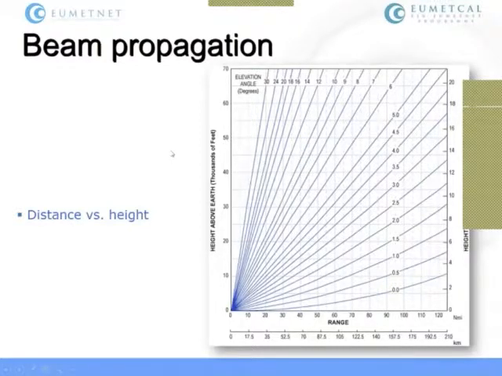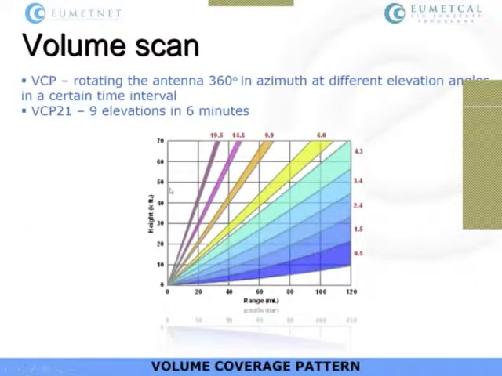Here you also have a diagram, the distance versus height diagram. If we consider the Earth as flat, with the radar here at the origin, you can see that at different elevation angles, as you go further from the radar, the altitude at which the measurements are performed gets higher.